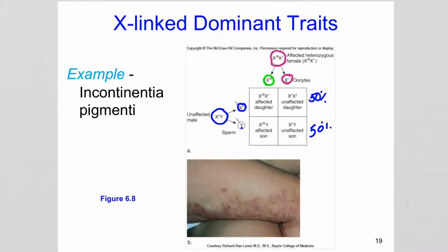So with this condition, when a mother has the disease, as we see in this Punnett square, she actually has a miscarriage rate of about 25% if that developing embryo were to be male.